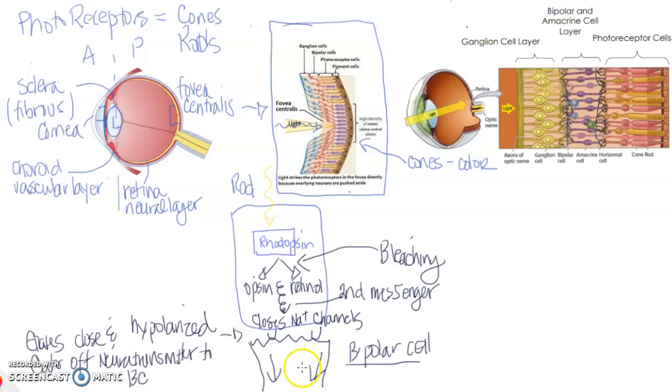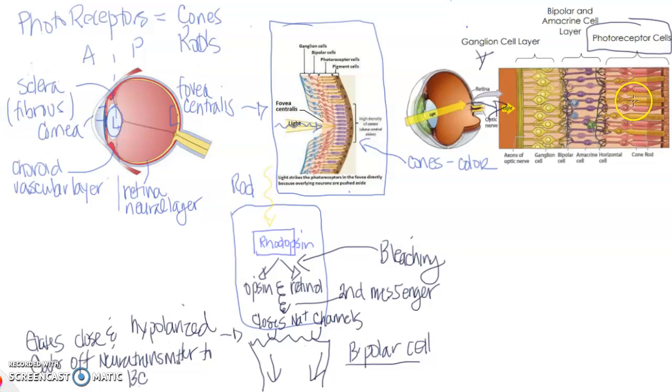So where does it fire to and what happens? Well, if we look over here, this is a close-up of the retina cells. Okay, so light comes in here, and it has to get to the photoreceptor cells, the rods and cones.